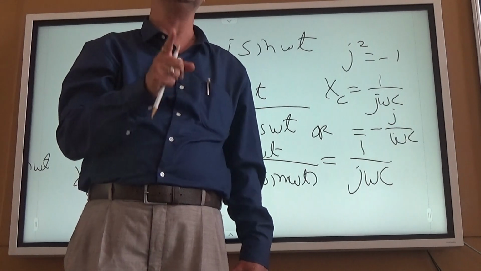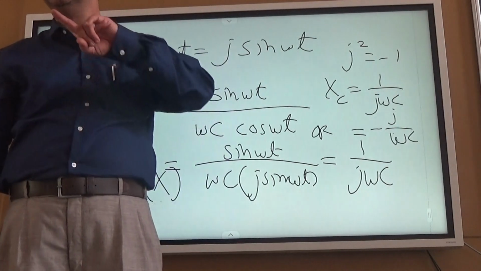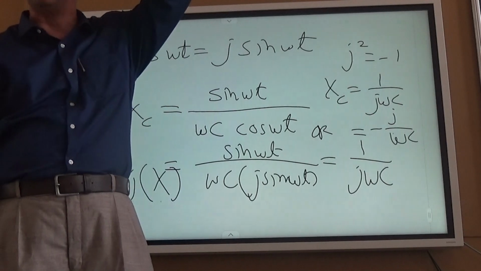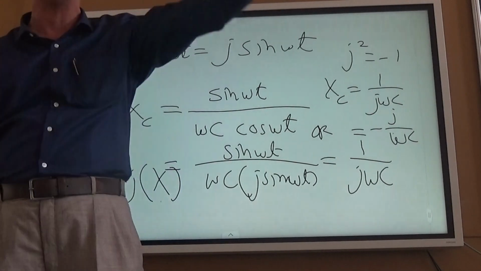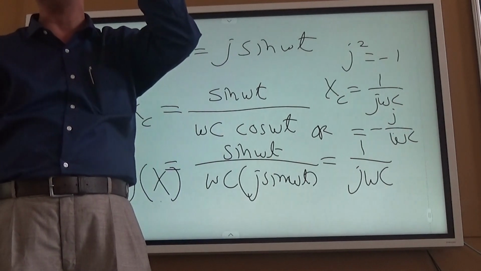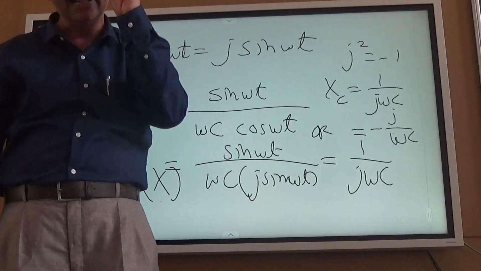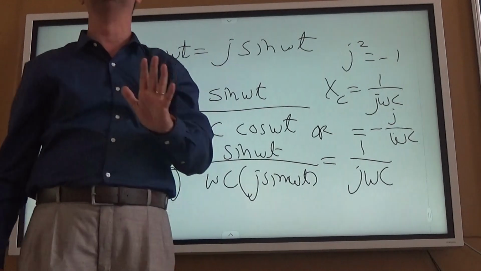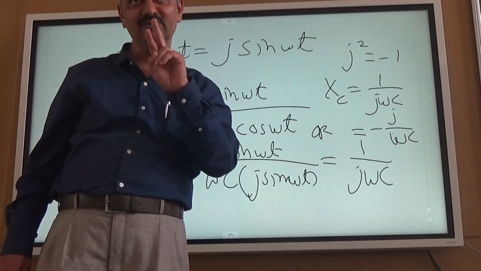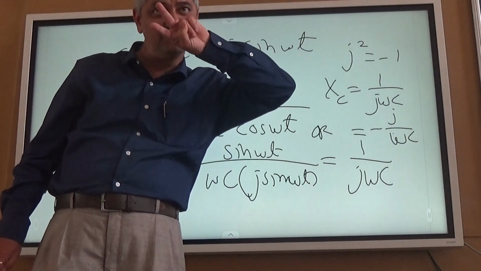What does a negative imaginary number mean? Again, all this discussion is in the context of application of sinusoidal input voltage, not otherwise. For a sinusoidal input voltage, the capacitive impedance is minus j into something, a negative imaginary number. It means that the voltage and current will have a 90-degree phase shift in some given manner.